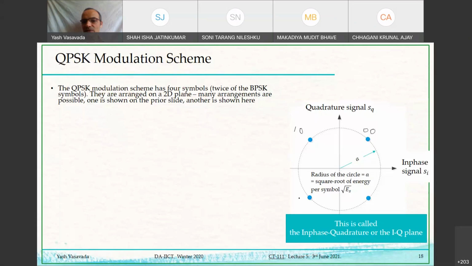This I would transmit if it is 1, 1, and this I will transmit if it is 0, 1. So you see that using a QPSK symbol, I am able to transmit twice as many bits. One QPSK symbol carries 2 bits.